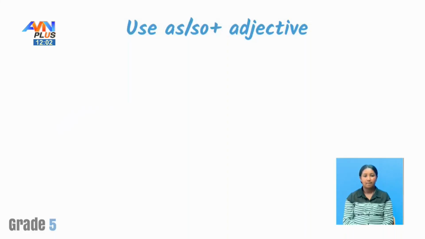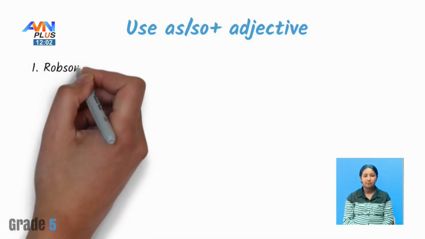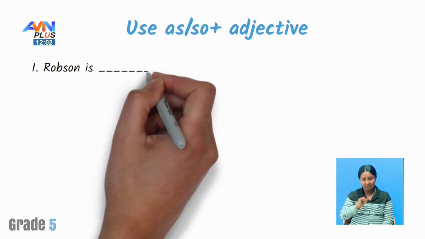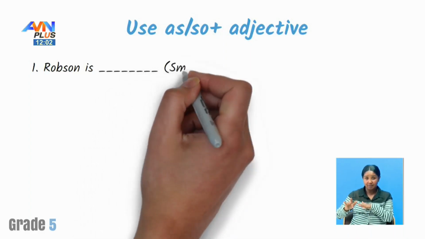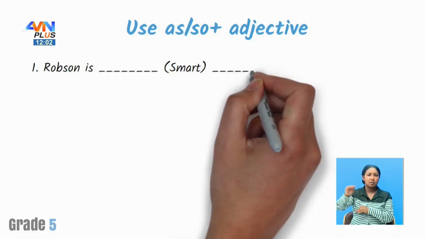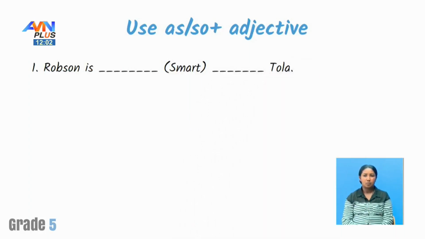Robson is, in the bracket here, the word is smart. Tola. Students, do this one in 30 seconds.